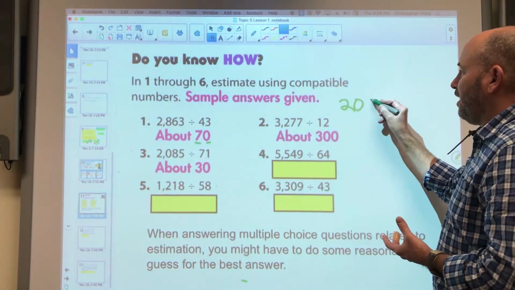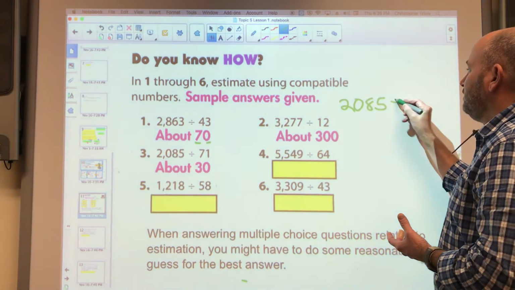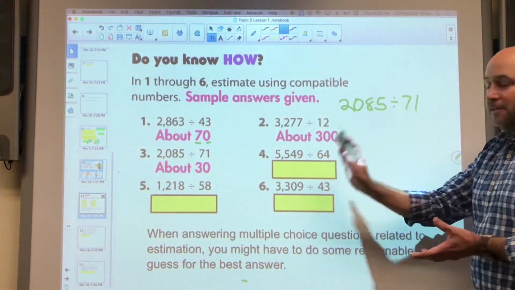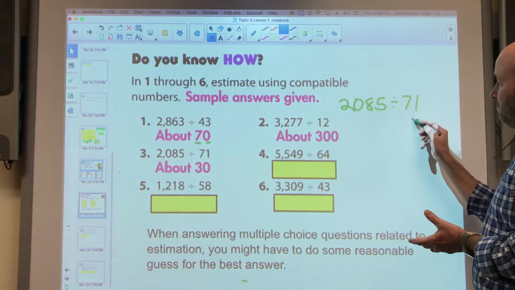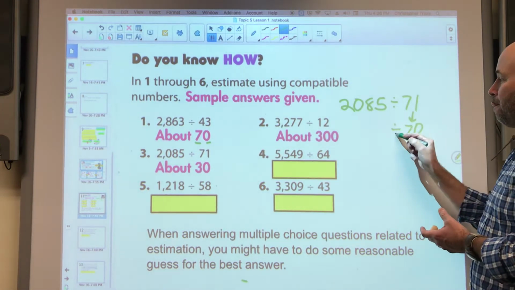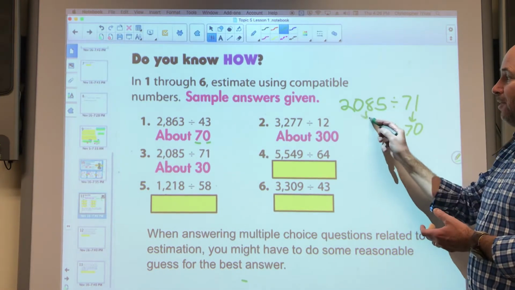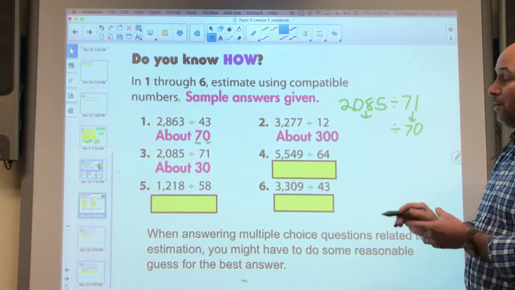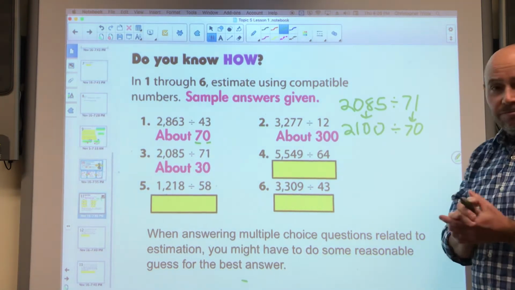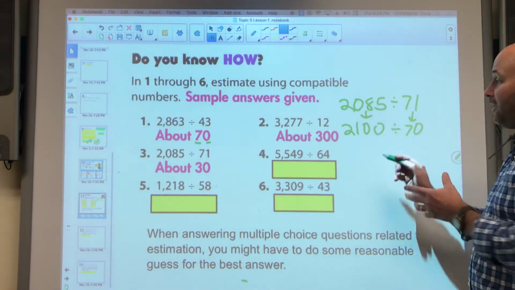They took 2,085 divided by 71. They're going to take 71 and round it to 70. And then they're going to round this to the compatible number of 2,100.